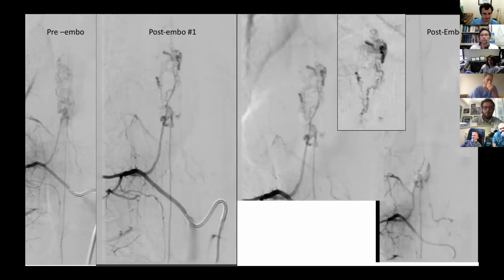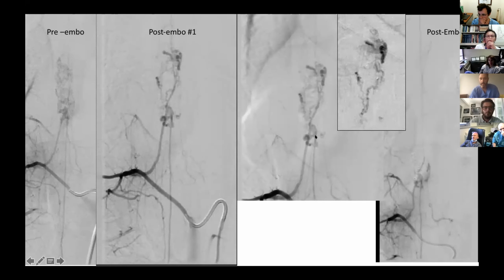So he went through 2 stages of embolization, and you can see pre-embolization, post-embolization, that this whole area here has been occluded, and you remain with continuity of the anterior spinal. You can see the ascending limb, and then you can see it here too.